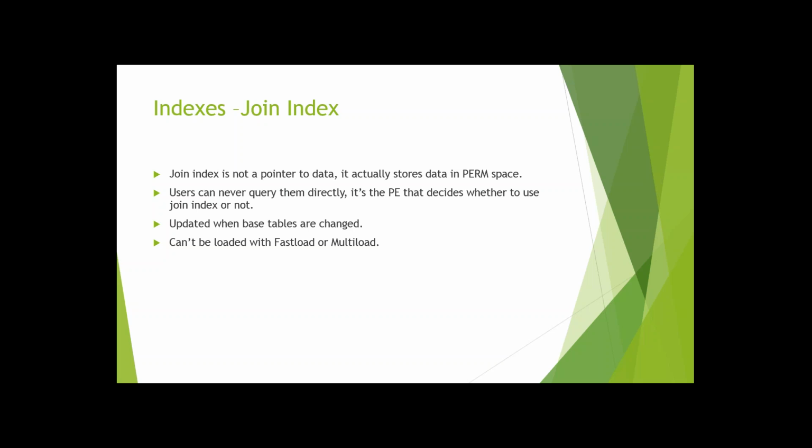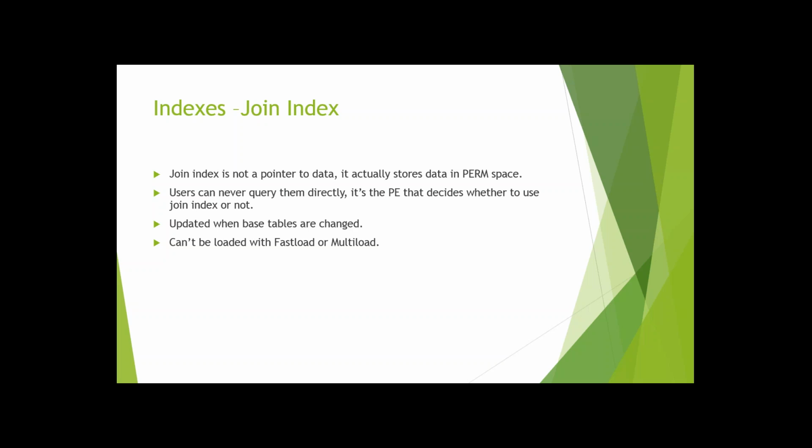Third, whenever a base table is updated or if the data is changed in the base table, then the join index is updated. So there is an overhead, right? So if the base tables are frequently updated or the data is changed in the base table, then the join index is automatically updated.